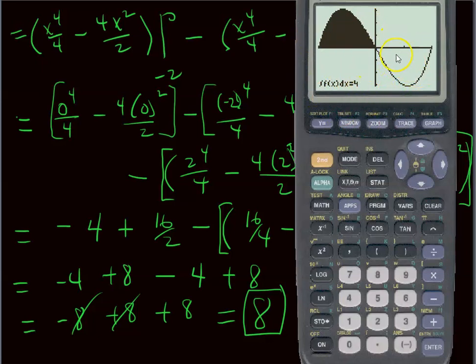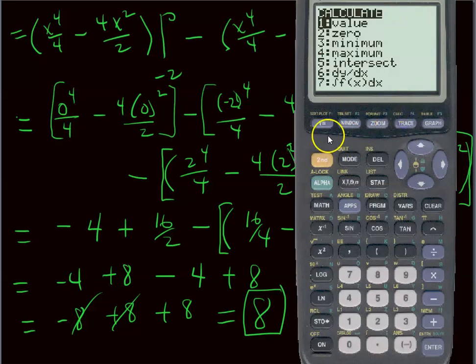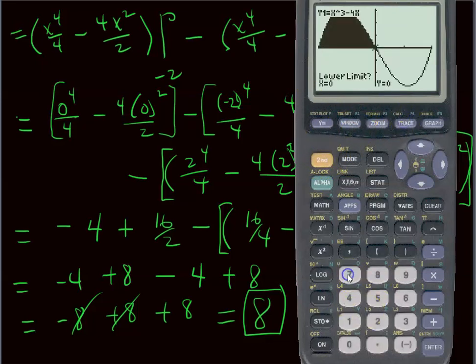You don't get the 8 yet because you've got to subtract this negative area. So if we work this and say second calc, still fine to use number 7. But now if we go from 0 to 2, we'll get a negative 4. But that's a negative area. We want to add these areas together. Positive 4 is the positive 8. Does that make sense?